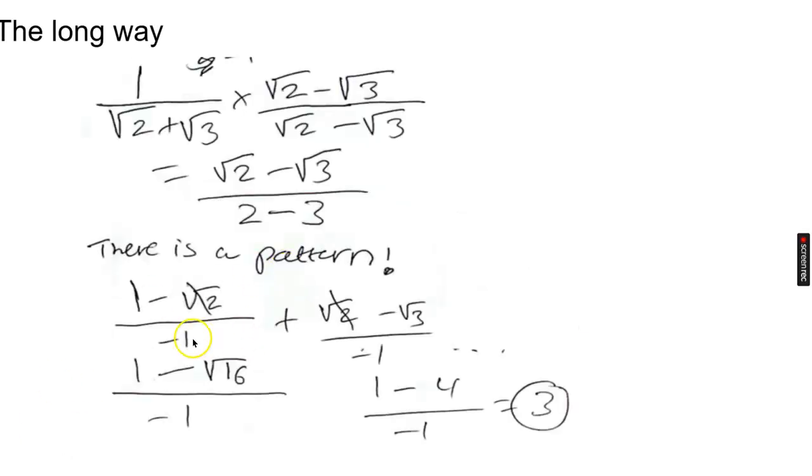So you can see here 1 minus root 2 plus root 2 minus root 3. So this is negative, this is positive, and then on the next one will be plus root 3 minus root 4, and then the root 3 will cancel out, and so on and so forth until the last term.